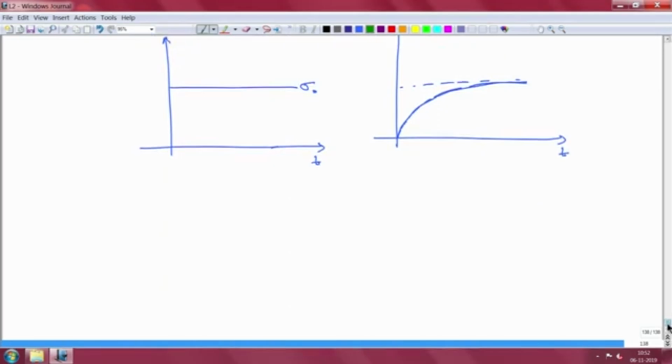Okay. So we have had the creep response and the stress relaxation function. So we will quickly look at response to an arbitrary strain. That is what we had done for the Maxwell model. So the first thing that we had looked at there was response to arbitrary strain history.